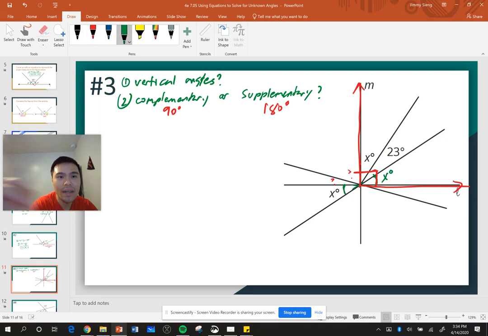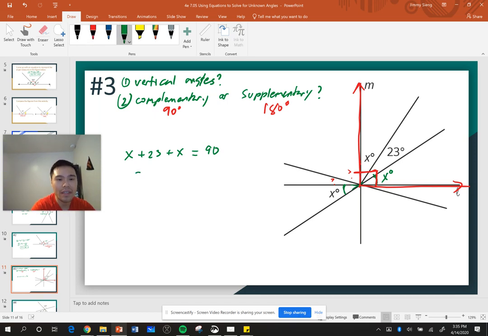So now I have an equation of saying x plus 23 plus x, that equals 90 degrees, okay? So all those angles in that top left corner, they should all equal, added up together, 90 degrees, right?